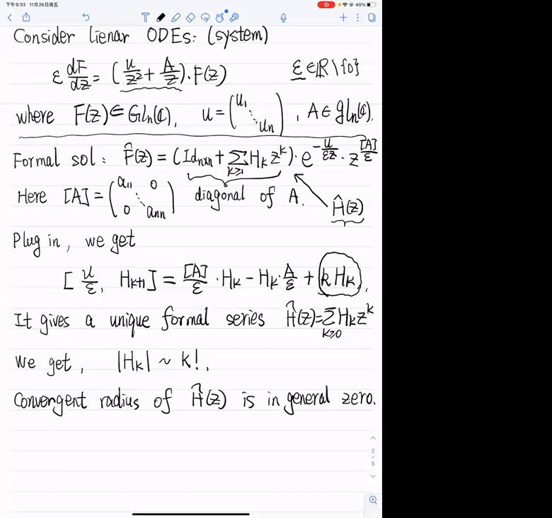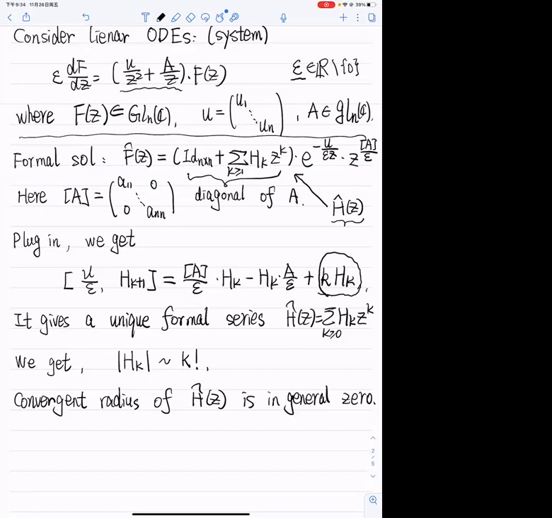So let me give a summary here. In my talk, I'm gonna consider this linear system whose coefficients are given by U and A, where U is a diagonal matrix, and A is an arbitrary n by n matrix. To find a solution, first I solve this system by a power series H hat z times the singular part.